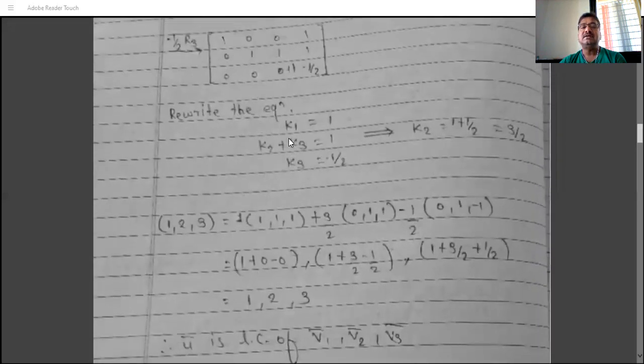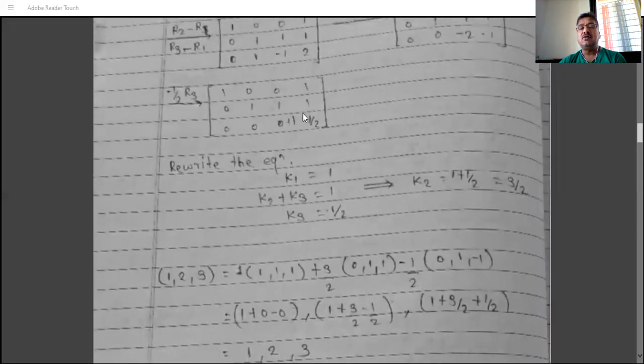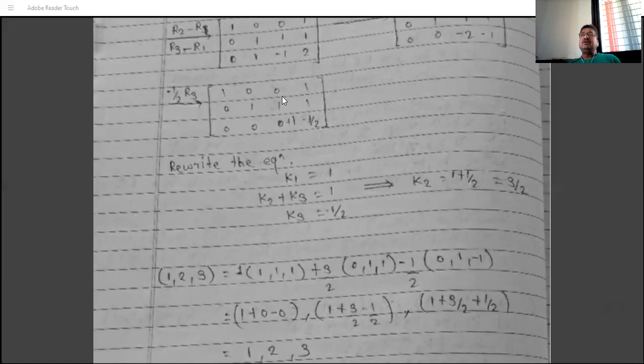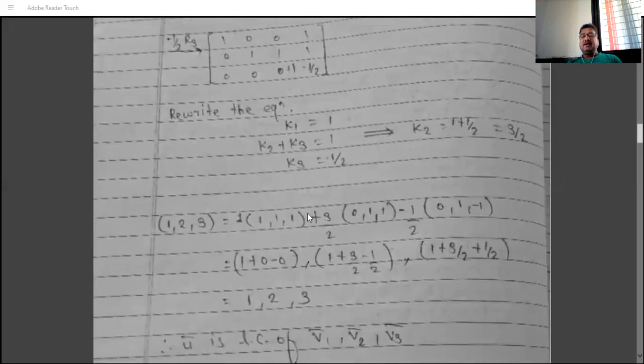In this example, we have the value of K1 as 1, K2 as 3 by 2, and K3 as -1/2.